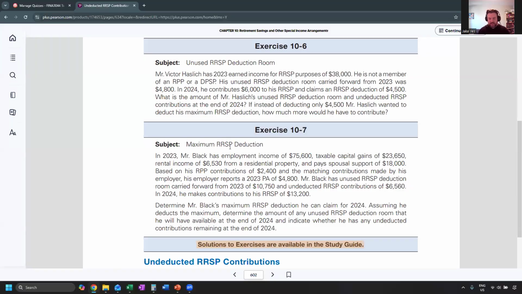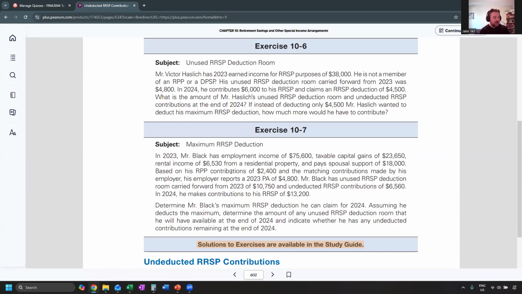Maximum RSP deduction. Now we want to maximize our deduction. In 2023, Mr. Black has employment income of 75,600, taxable capital gains of 23,650, rental income of 6,530, and pays spousal support of 18,000. So we are given the information to calculate his earned income.